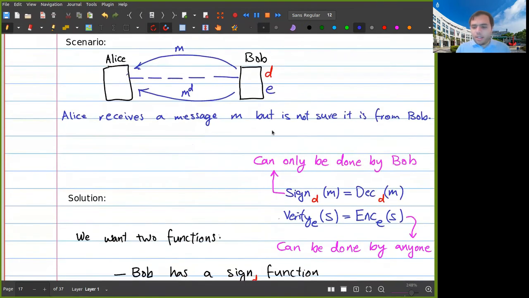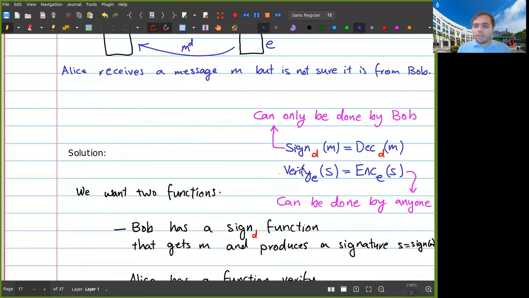So the idea that we got there was that here's how we can get a digital signature. We can just think of it conceptually as saying that signing is the same thing as decryption, and verifying is the same thing as encryption, because signing is something that should only be doable by Bob, and decryption was like that. And verifying is something that everyone should be able to do, and encryption was also like that.